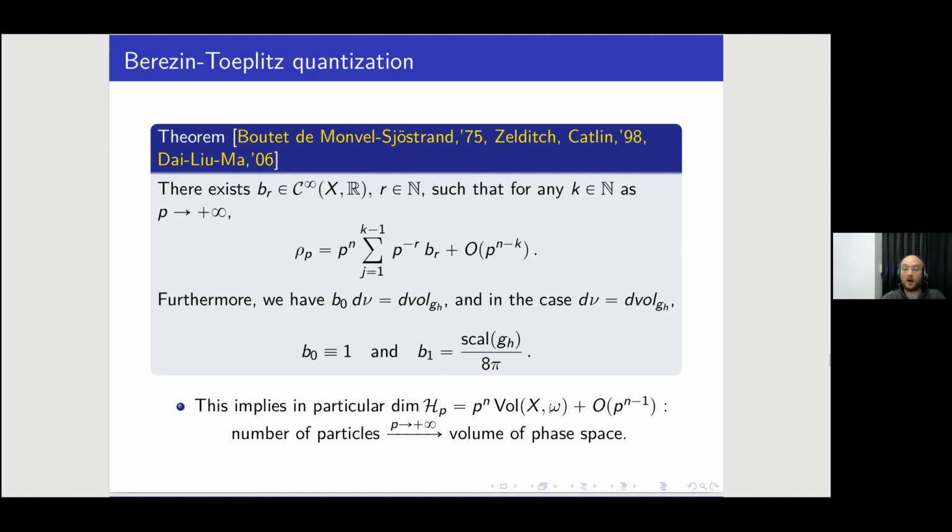Basically, the physics interpretation is that the number of particles tends to the volume of phase space when p tends to infinity. You should think of the phase space X as small cubes of size 1 over p, and each cube will fit one such particle. And you can indeed prove that there are highly peaked particles in such cubes, right? That's how you should think.